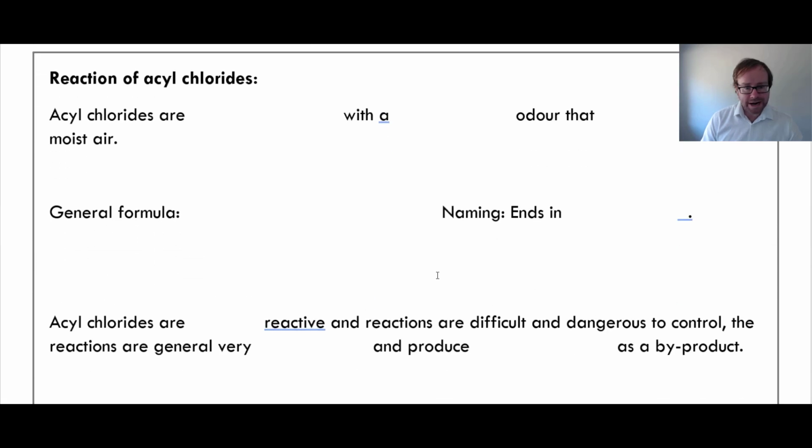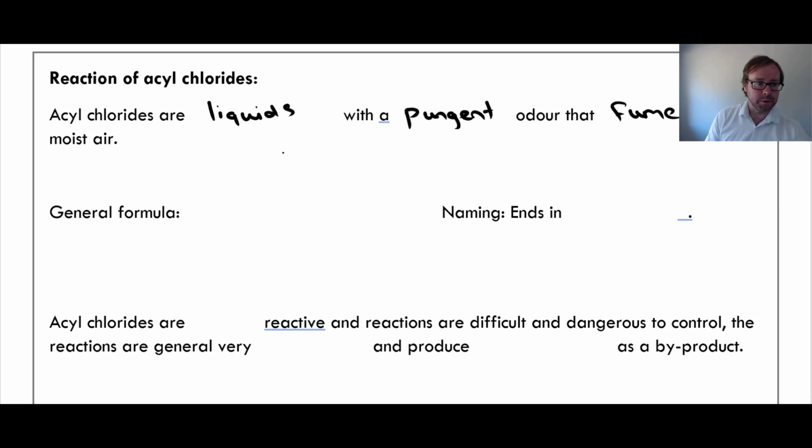Okay. So reactions of acyl chlorides. So what are they? So acyl chlorides are liquids with a pungent odor that fume in moist air.